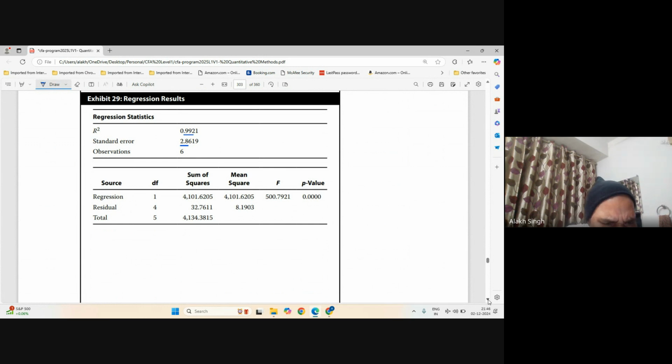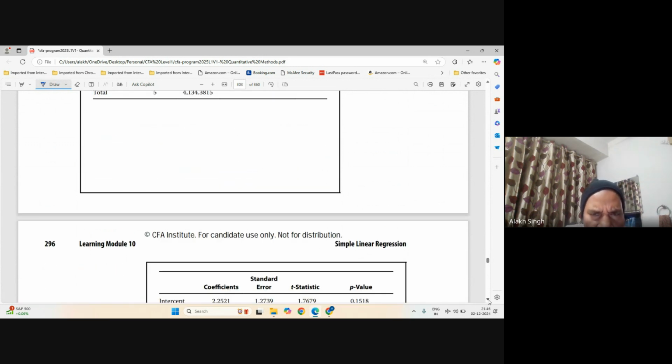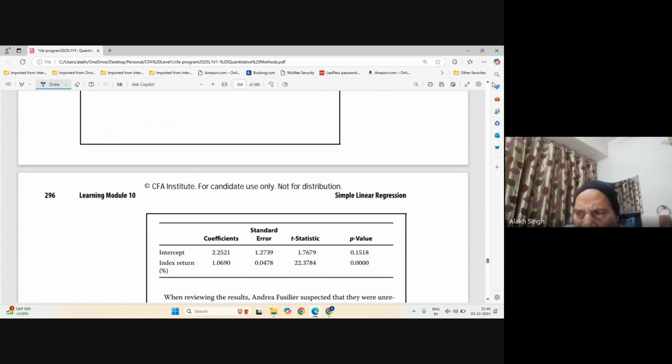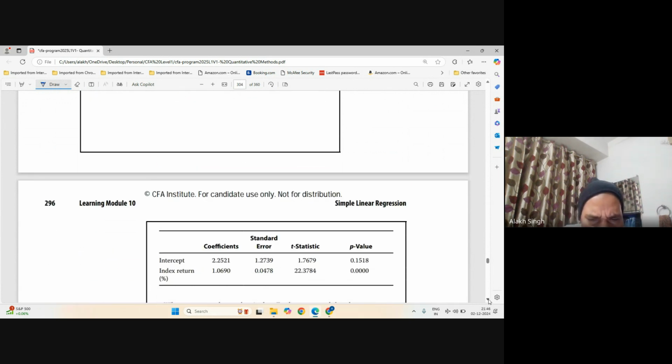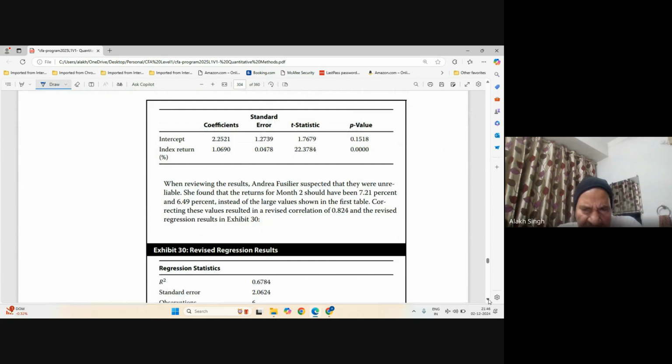Now, sum of squared residuals. What about the F test? F is 500. When reviewing the results, Dia Fuller suspected that they were unreliable.